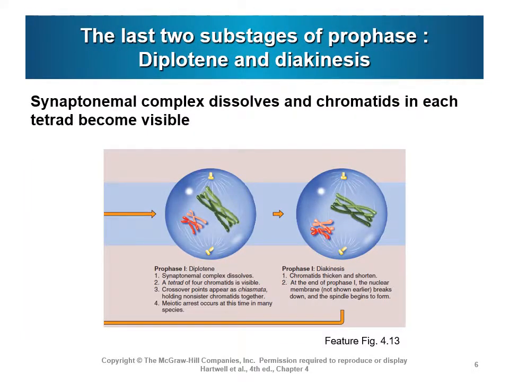And then comes prophase I diplotene, where the synaptonemal complex dissolves, and we can see already that the chromosomes look like something we used to see before. And then there is diakinesis, where the chromatids thicken and shorten, the nuclear membrane breaks down, and the spindle begins to form.